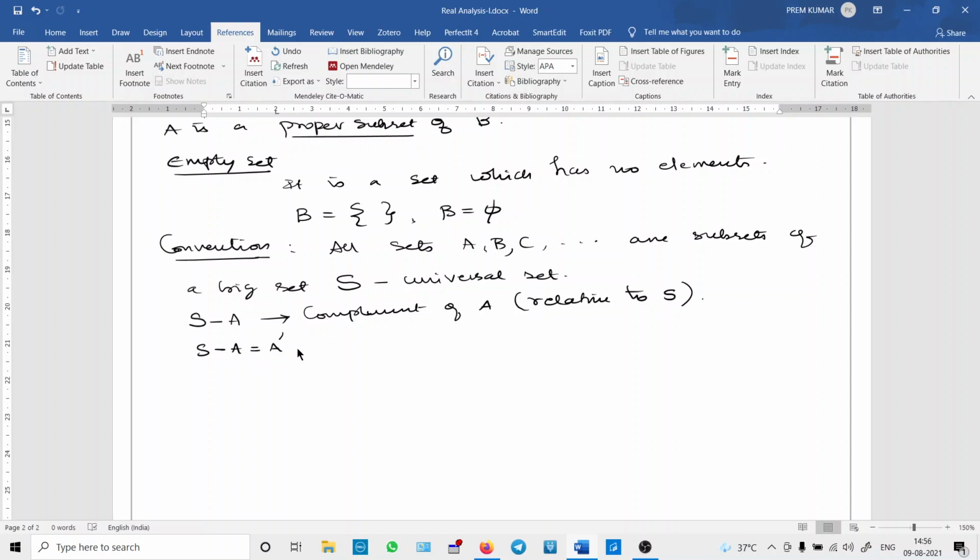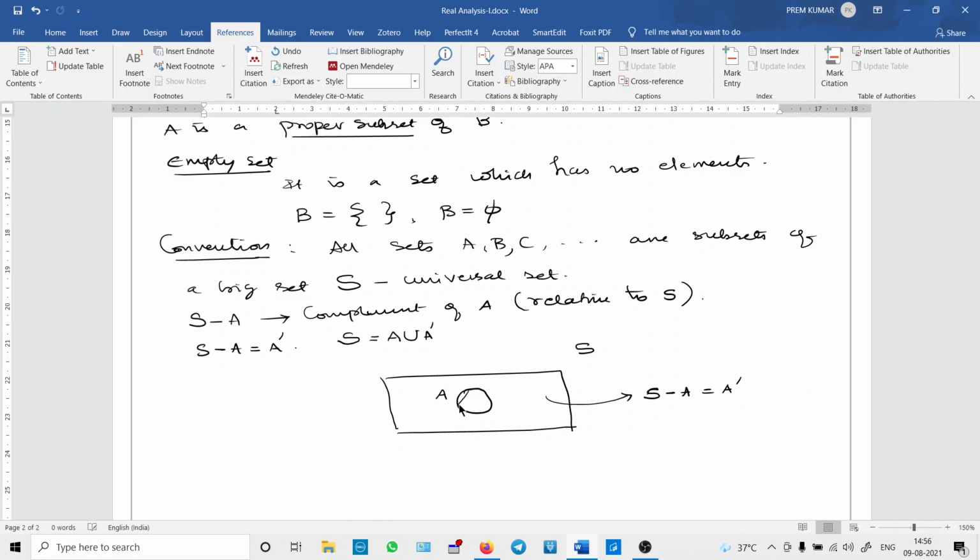And a very important result, which is clearly known, is that the universal set is nothing but A union its complement. For example, this is the universal set, and suppose A is my subset of this set, and this empty space here we call S minus A, the complement of A. So what happens if we union these two parts, I get S.